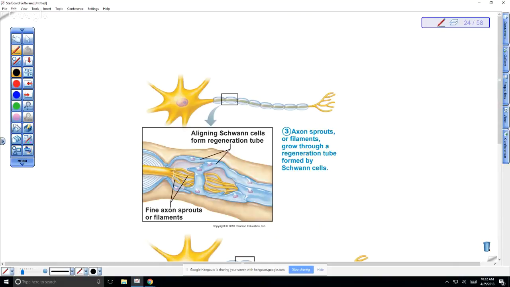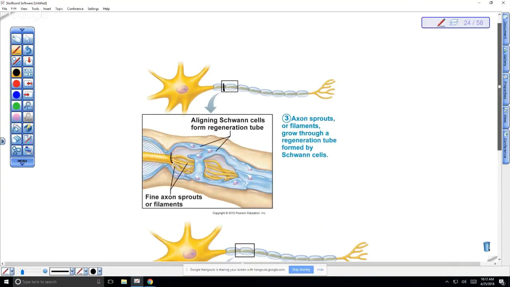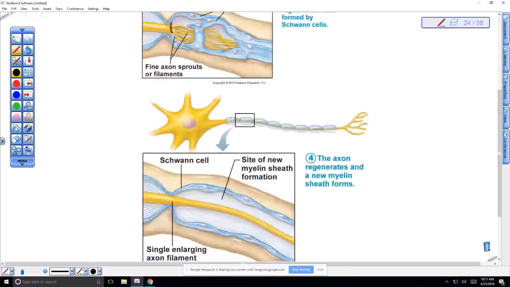Then you get axon sprouts, and the axon sprouts start at the end that is closest to the cell body. They regenerate in the same direction as an action potential travels. You'll notice that the sprouts form, and this could take 3 months, right? And then eventually you get the regeneration of the entire myelin sheath.